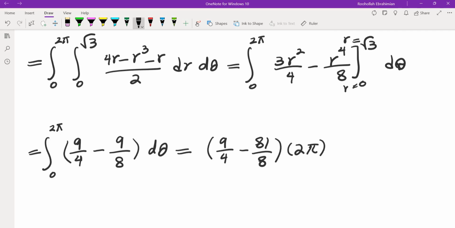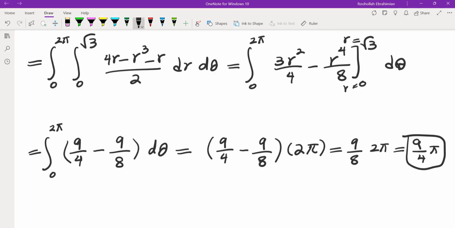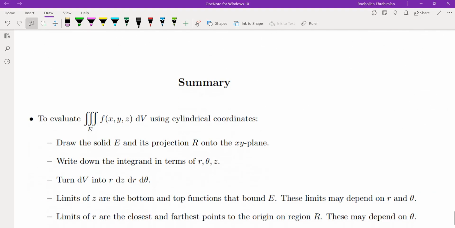Square that, you get 9. So that's 9 over 8. So this would in fact be 9 over 8. So this is 9 over 8 times 2 pi, which is 9 over 4 times pi. So this is our answer to this problem.